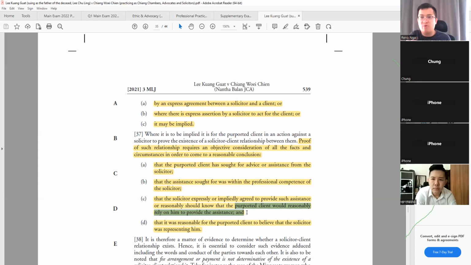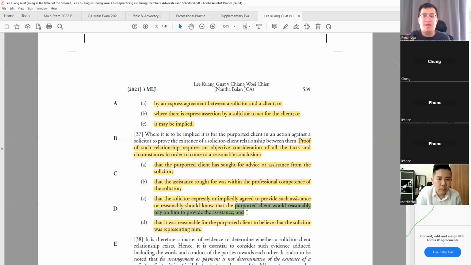Then that can be established as a fact that we have an implied retainer. Then number 4, the last one: it was reasonable for the client to believe the solicitor was representing him. Of course, like I said, these are all factors that must be considered. So let's say Dr. Chi satisfies A, B, C. He asked me, I'm a lawyer, he wants my opinion, and he will rely on my opinion.